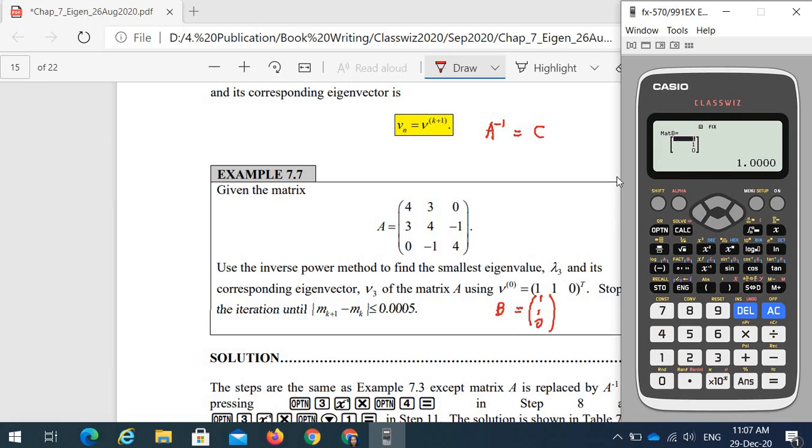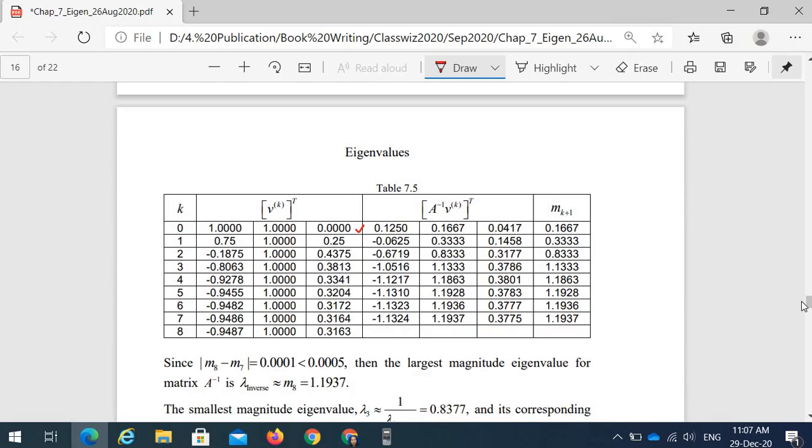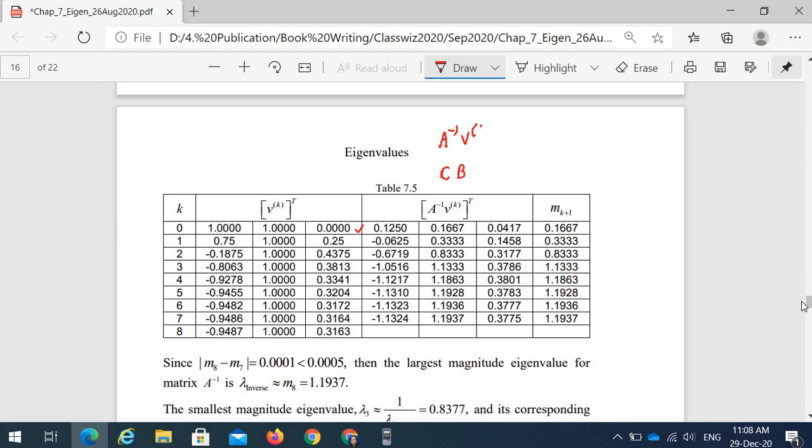It's already there, 1, 1, 0, because in the previous video I found the dominant eigenvalue using the same matrix A and the same vector V, which I kept as B. So now my A inverse is stored in matrix C and vector V is stored in matrix B. I'm going to do the whole method where A inverse times V, with A inverse kept as C. You do the A inverse V K in the calculator as matrix C multiply matrix B.